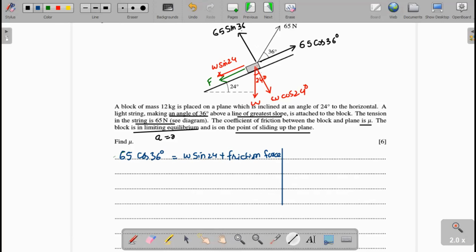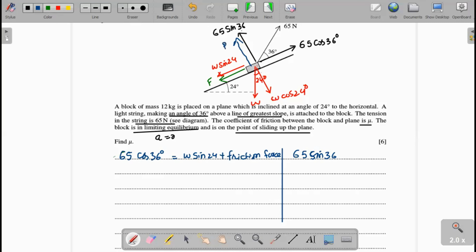Now the forces acting on the block perpendicular to the surface. First is 65 sine 36 degree. Another force acting on this block is the reaction of the surface on the block, which acts in the upward direction.